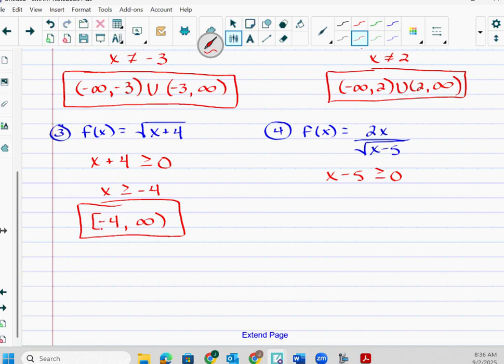No. So instead of greater than or equal to 0, we are just going to say x minus 5 is greater than 0. Does that make sense how that's combining the two rules together? Okay. All right, so just be careful when you see that. So again, basic inequality then, x is greater than 5. So we would use parenthesis 5 to infinity.